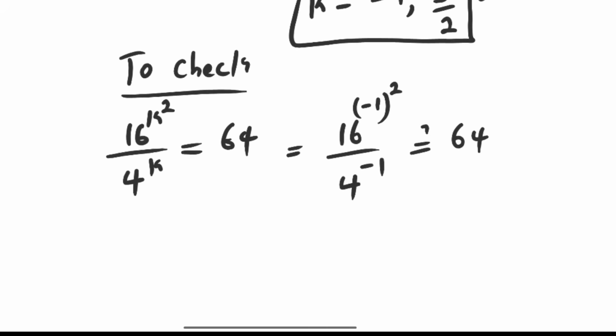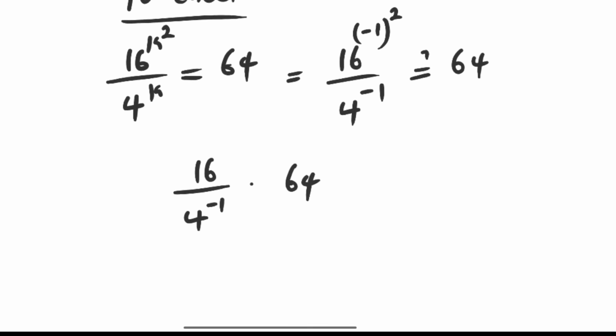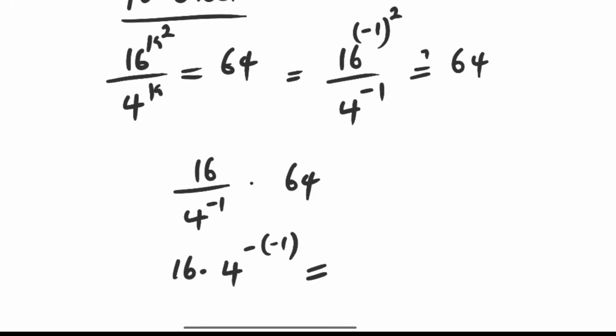Now 16 raised to power minus 1 square, this is 16 over 4 raised to power minus 1 must be equal to 64. Now this can be written as 16 multiplied by 4 raised to power minus bracket minus 1 must be equal to 64.